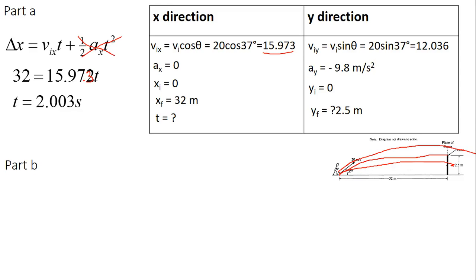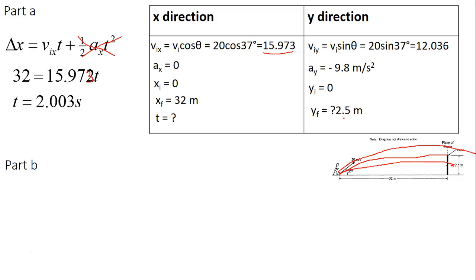So then part B asks us, does it go over the fence? Does it hit the fence? Where does it land by the time it's gone this far horizontally? So what we're looking for is YF, and it could be exactly 2.5 meters, it could be greater than 2.5 meters, it could be less than 2.5 meters.